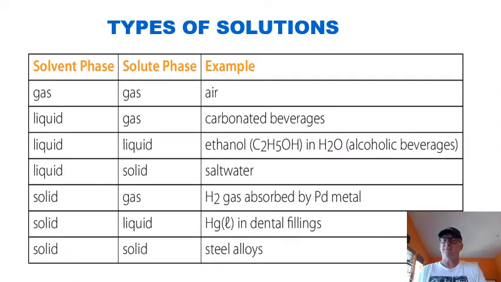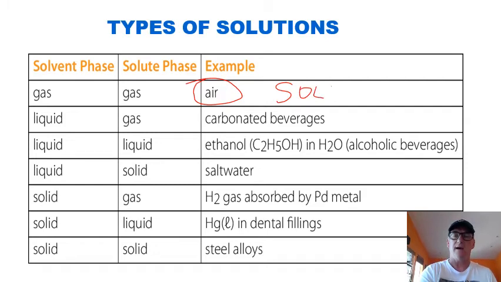So these are different types of solutions, and to give away the answer here, air is indeed a solution. It's a solution of gases dissolved in other gases. And if that's true, what is the solvent in air? I'll leave that for you to think about. What would be the solvent?